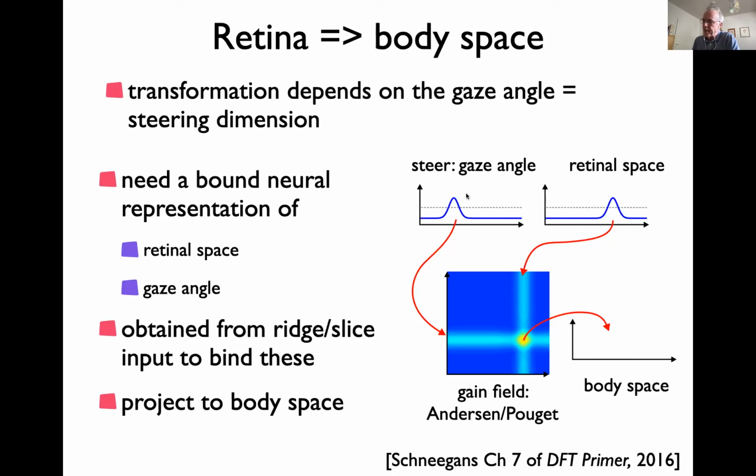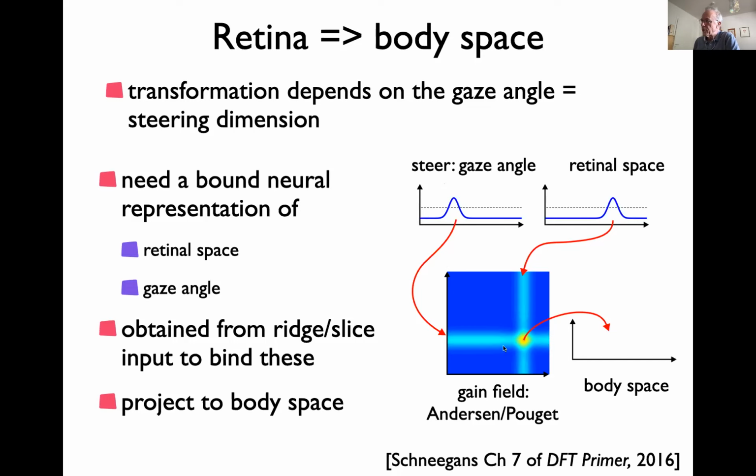And you see the analogy to binding is that what you need to determine how to project, how to transform, is a combination of both. You need to know where you are in retinal space and where you're looking relative to the body, right? Gaze angle is relative to the body. And so that is a bound representation.